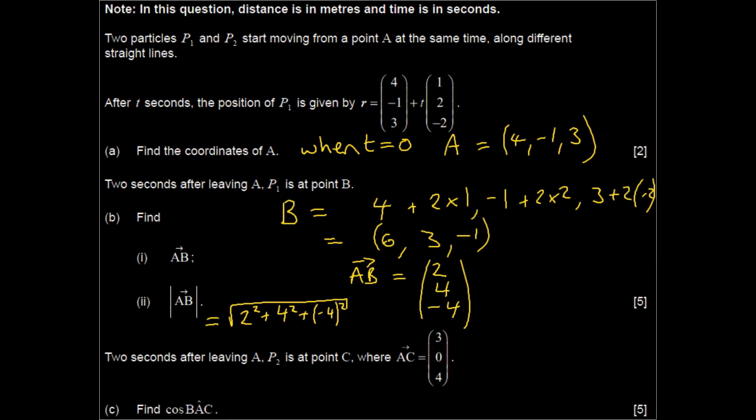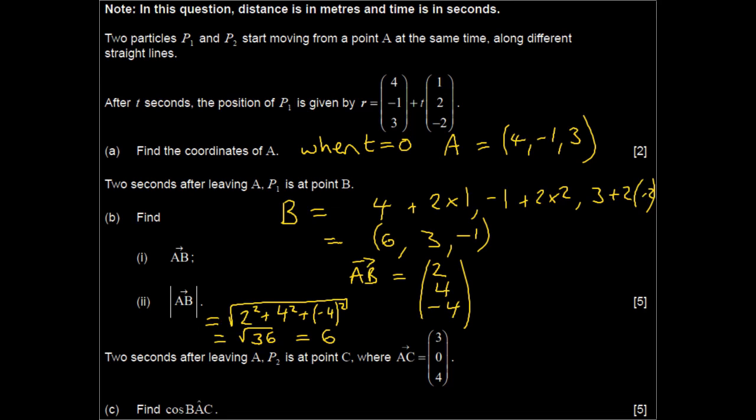Just using Pythagoras' theorem to work out the length, we take the x, y and z coordinates, square them all, add them together and take the square root. So 2 squared is 4, 4 squared is 16, so that's 20, plus another 16, so that's root 36, which is then equal to 6.